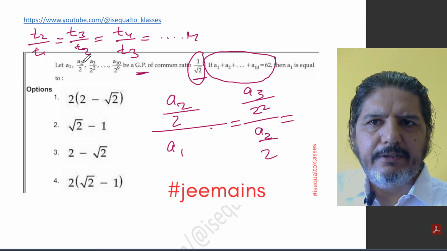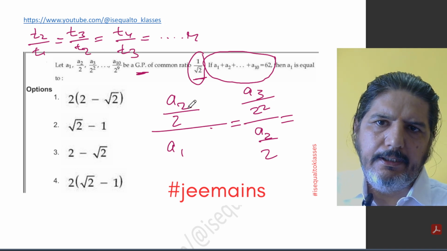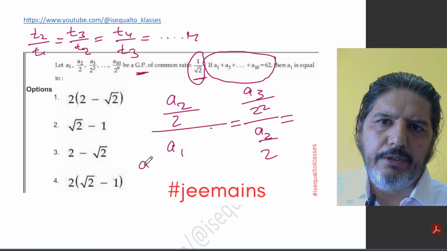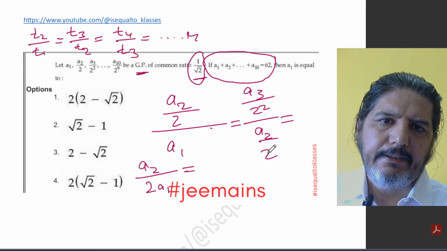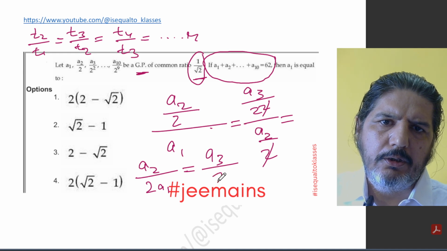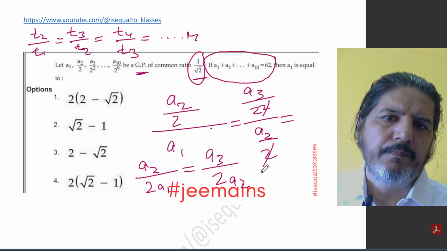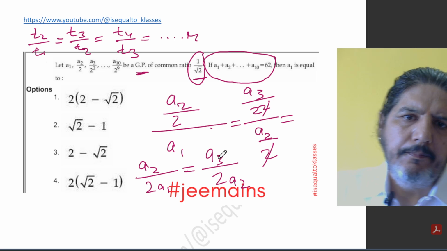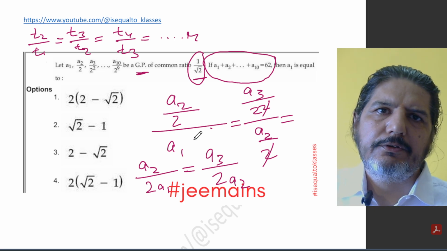Now when I do the first step, a2 by 2 upon a1, this is equal to a2 upon 2a1. For the second, this 2 and this 2 will cancel, so this will be equal to a3 upon twice of a2. When I do the third, slowly you will start seeing a pattern.